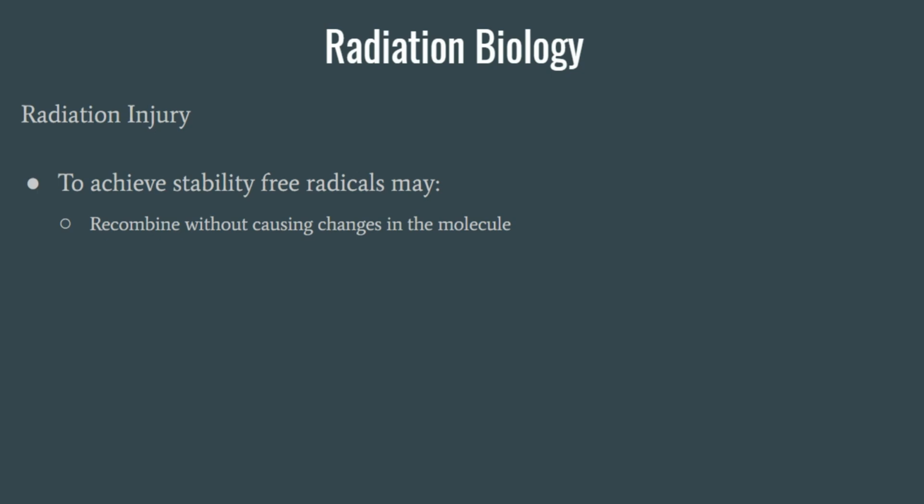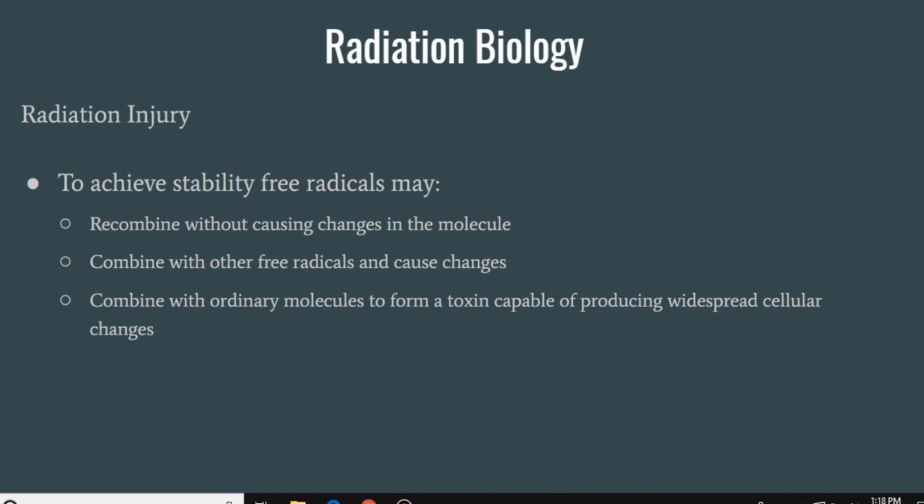Another thing that may occur is that it can combine with other free radicals, and that will cause changes. And the last option is that it could combine with other ordinary molecules to form a toxin that is capable of producing a widespread cellular change. So it'll combine with other molecules and it'll form something totally different.